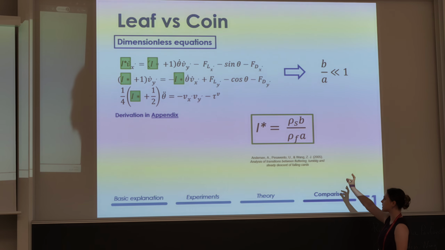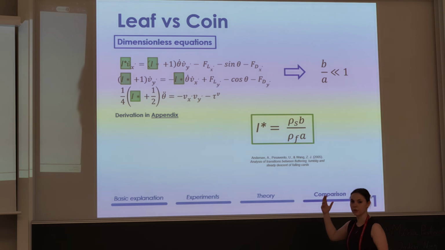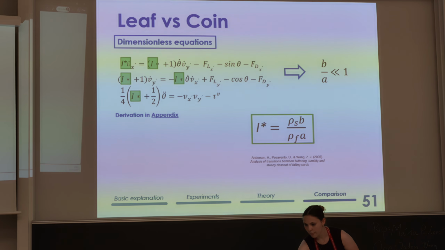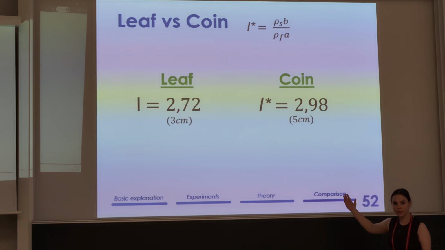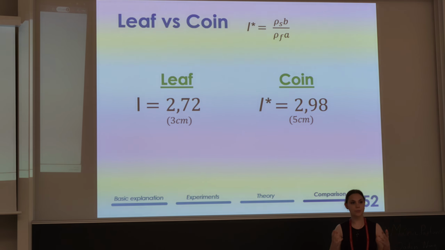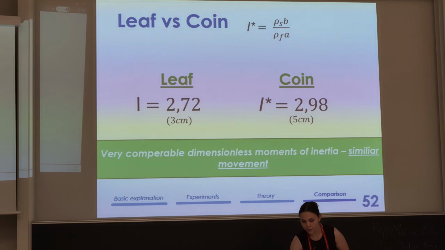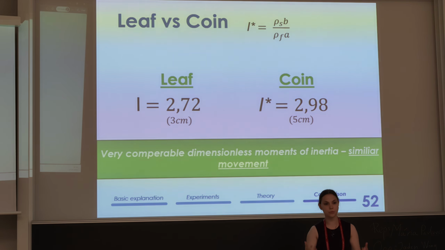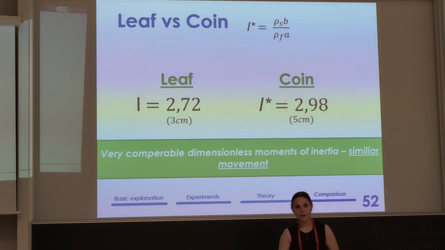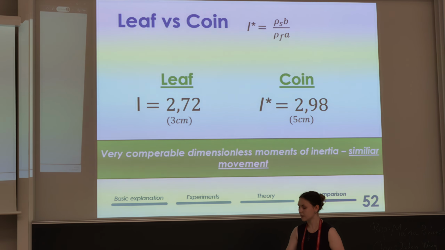This is from literature. This is the non-dimensional moment of inertia, let's call it. Calculating one for the leaf and the normal coin, we can see that the values are pretty similar. So this is why the coin can move in a similar way. Obviously, this is simplified, but yes.